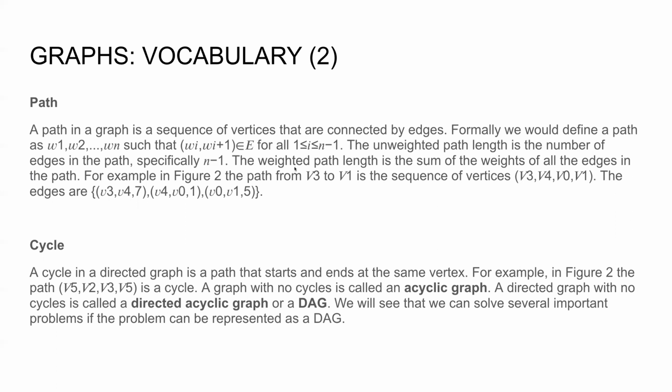So paths can be weighted or unweighted, and weighted means each edge has a cost with it, right? And the weighted path length is the summation of all the weights along the edges in the path. And if it's unweighted, then each weight is going to be 1, right? So you just count the number of edges connecting A to B. That's the length of the path, right? So that's how to define the path length.